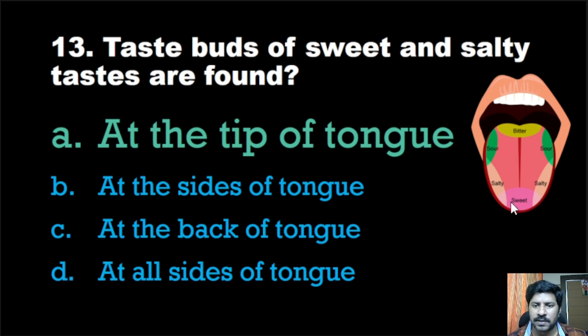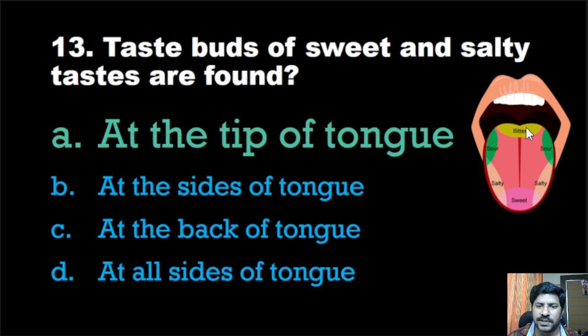distribution. In the tip area, the sweet buds are at the tip, and the anterior sides, both sides along with the tip, are the salty buds. Then the posterior side, bilateral sides, are sour buds.